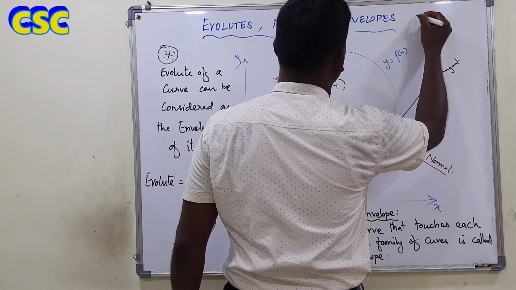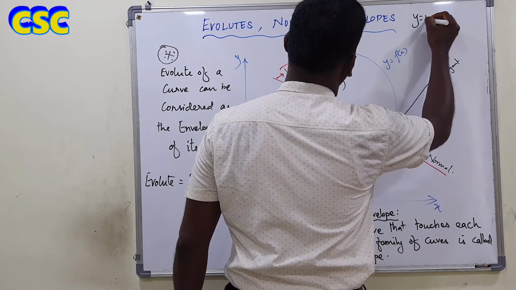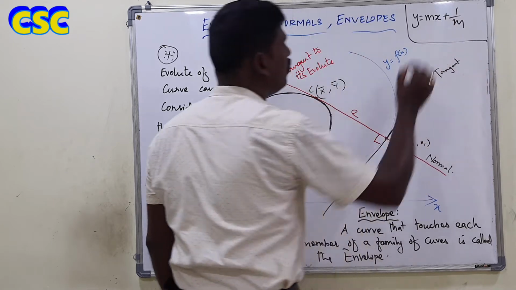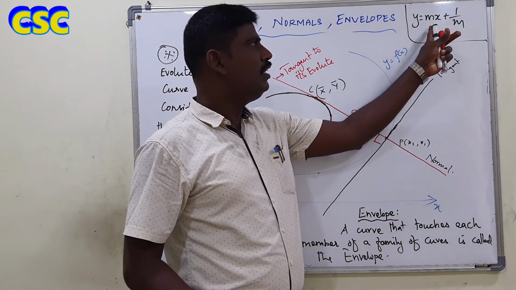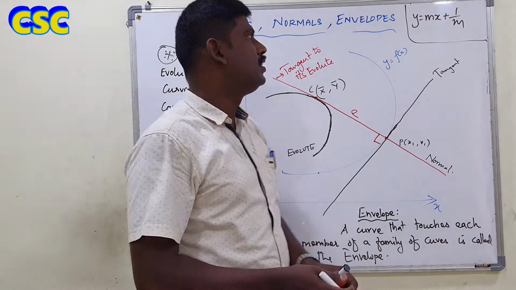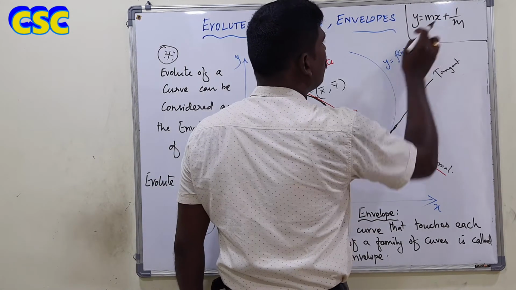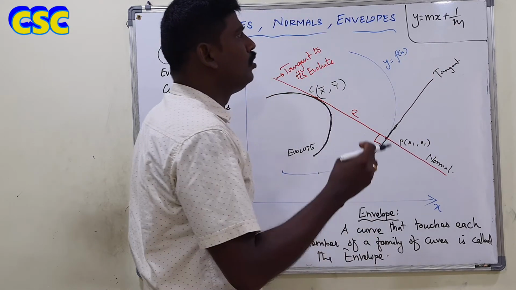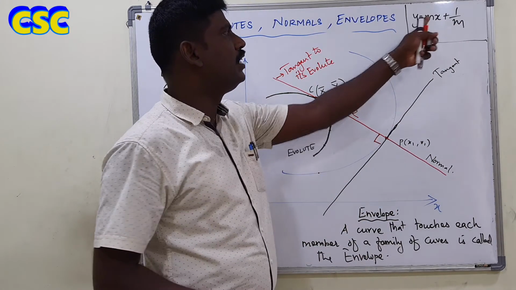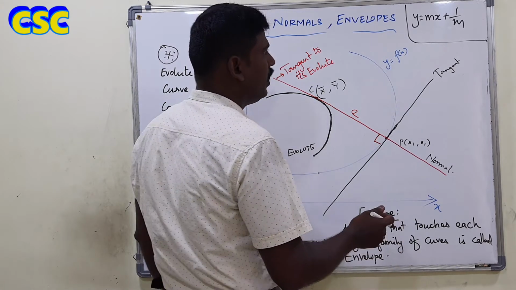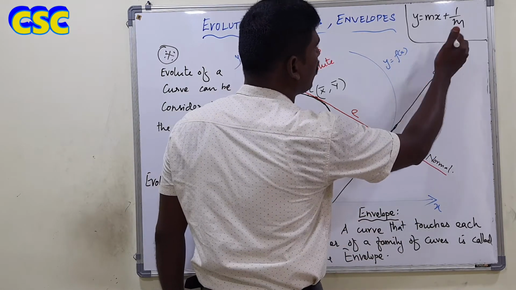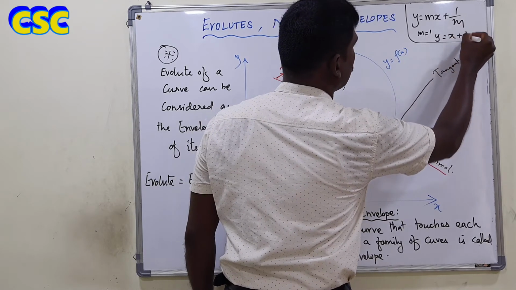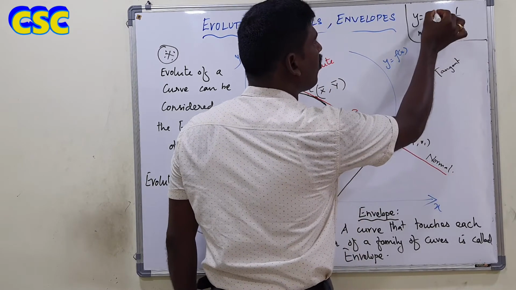We already discussed the curve y equals mx plus 1 by m. I told you this is a family of straight lines. By changing the value of m, 1, 2, 3, anything like that, you can get different members of this family. For example, putting m equal to 1, y equals x plus 1 is one member of this family.